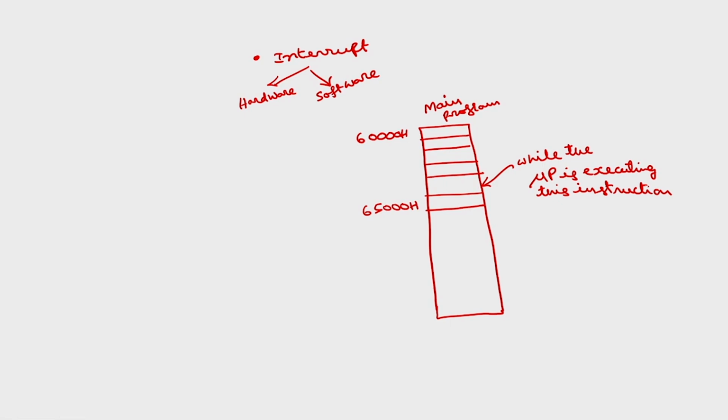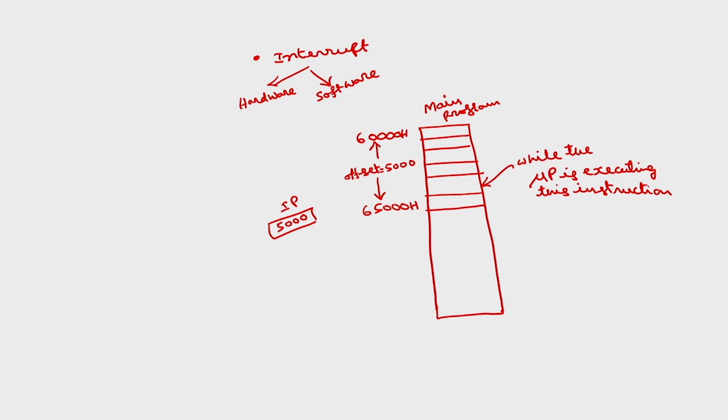As I have discussed in the earlier class, the instruction pointer always holds the offset from the starting of the segment. So, the offset here is 5000. This 5000 will be held by the instruction pointer.